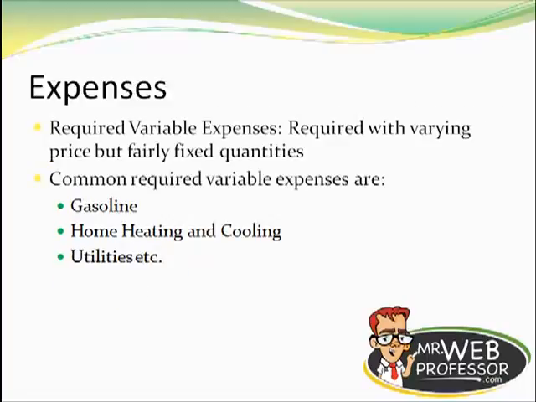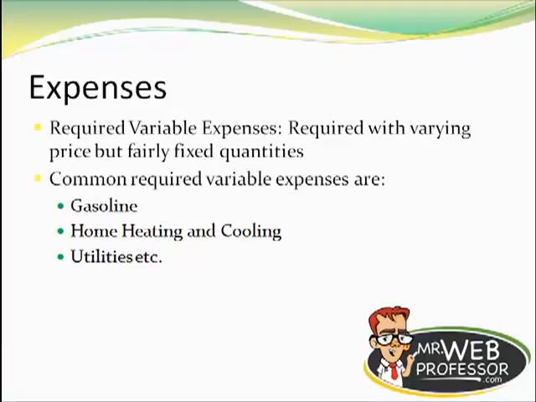The next category of expenses I want to talk about are required variable expenses. Now these are things that are required but with varying price yet fairly fixed quantities. In other words, the price may vary from time to time based on market conditions, but you buy fairly fixed quantities of this every month. For instance, some common required variable expenses would be things like gasoline.